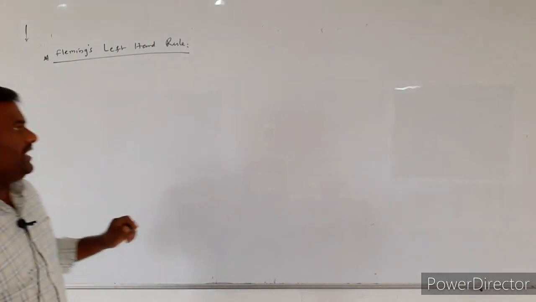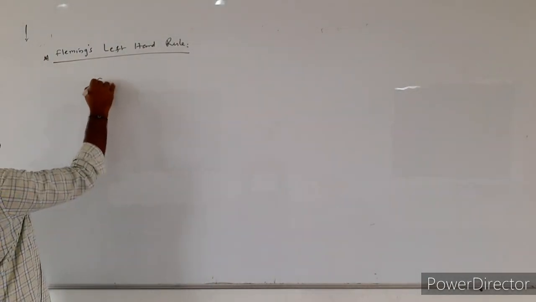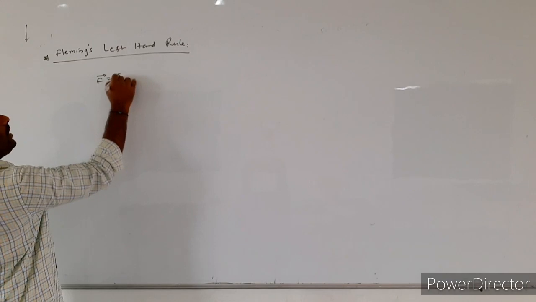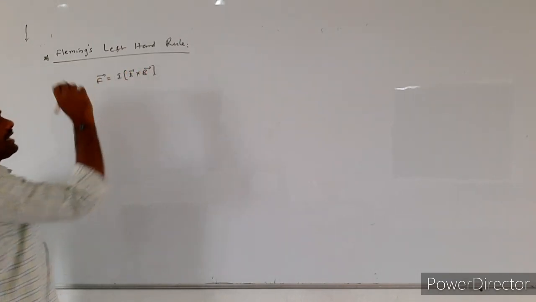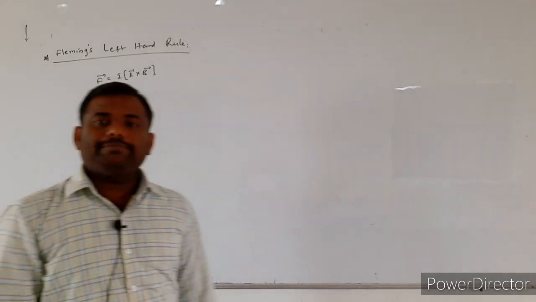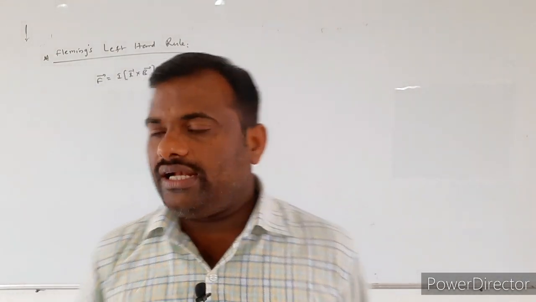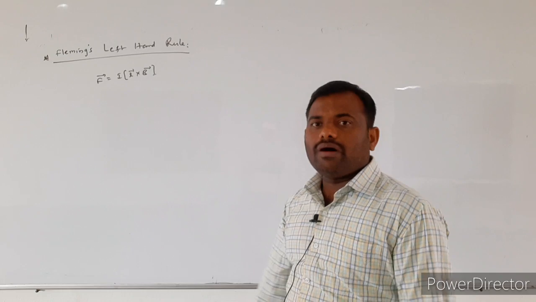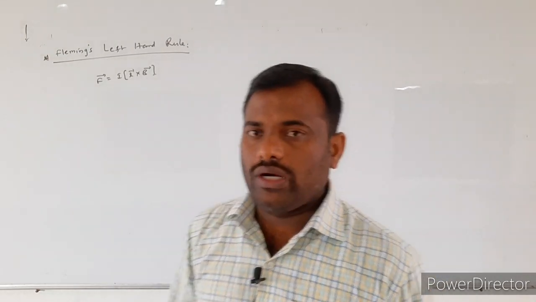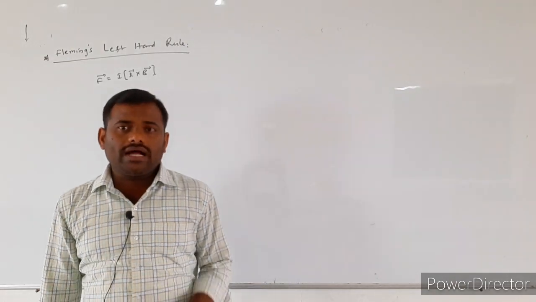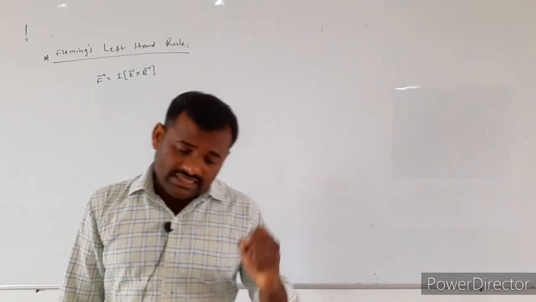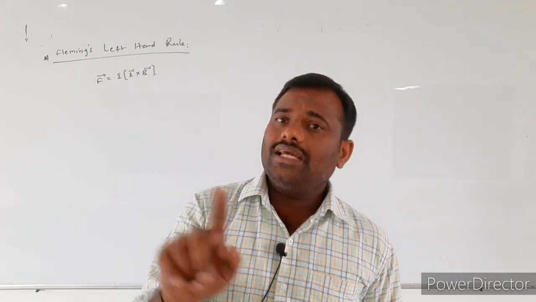Just now we finished the force acting on a current carrying conductor placed in the uniform magnetic field, that is given by F bar is equal to I into L bar cross B bar. So F bar is what? The force acting on the conductor.